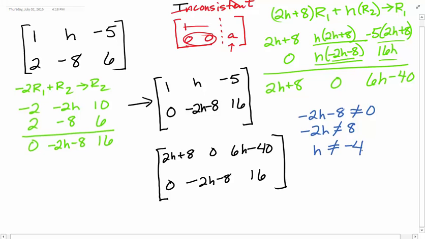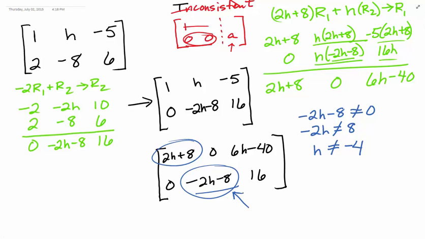As long as h is not negative 4, then this is not 0. But if h equals negative 4, this equals 0, and in fact this equals 0 as well. But really all that matters is that one of them equals 0. So there we go. We have to make sure that h is anything but negative 4, and that gives us a consistent system. So there we go.